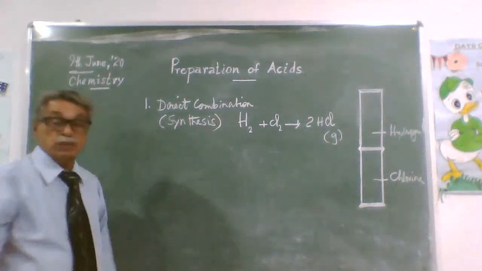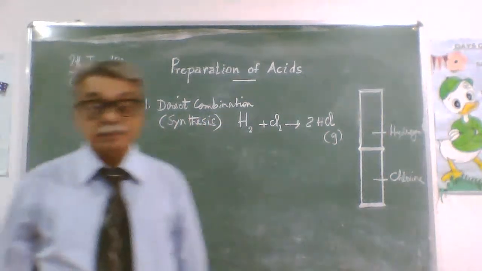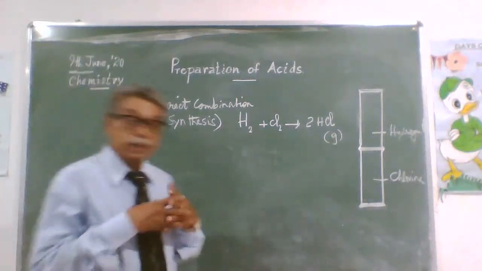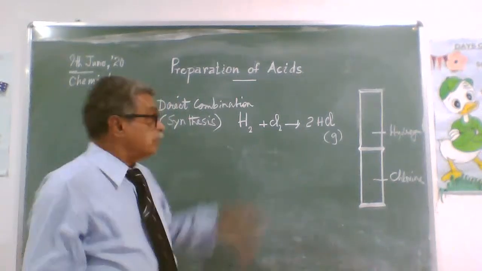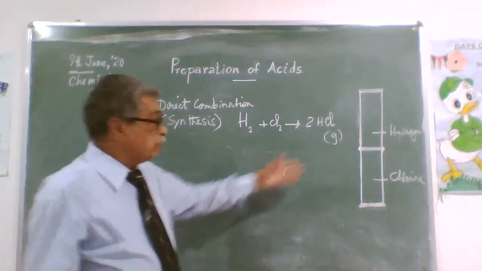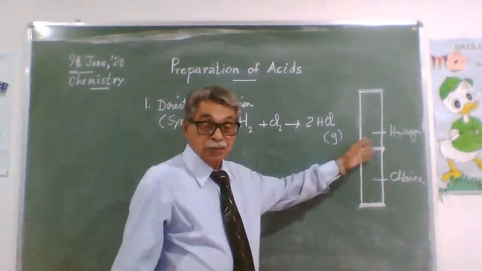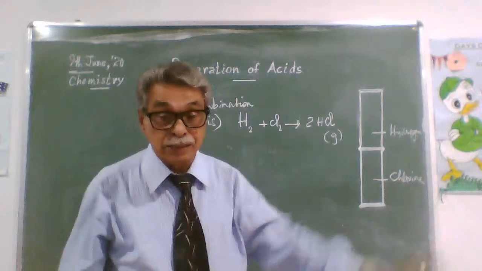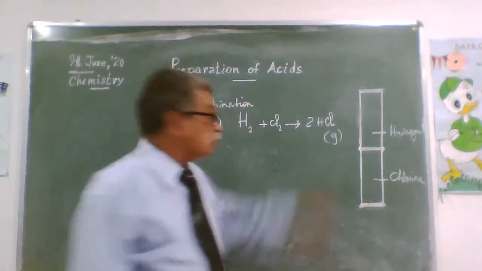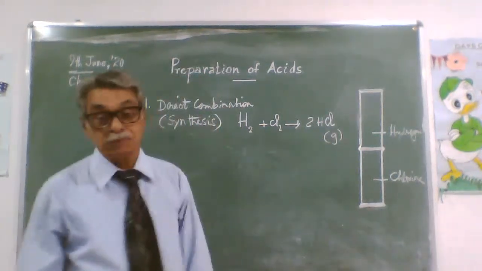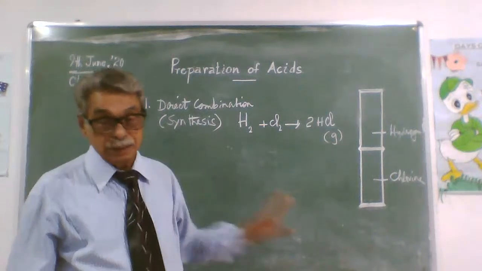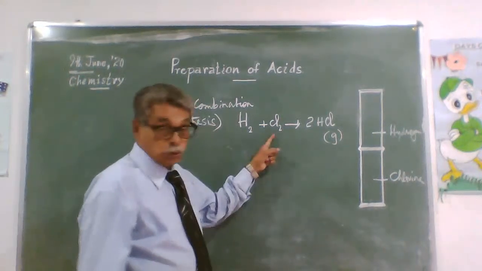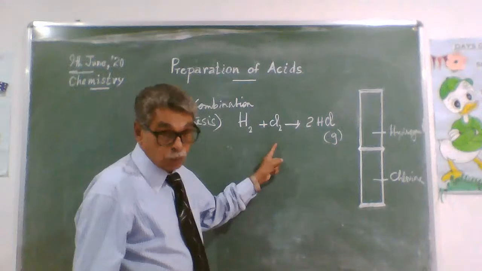Hydrogen and chlorine combine directly. This reaction takes place in diffuse sunlight. I told you, you keep this apparatus in diffuse sunlight, you hear a small explosion, the two combine, and hydrogen chloride forms.